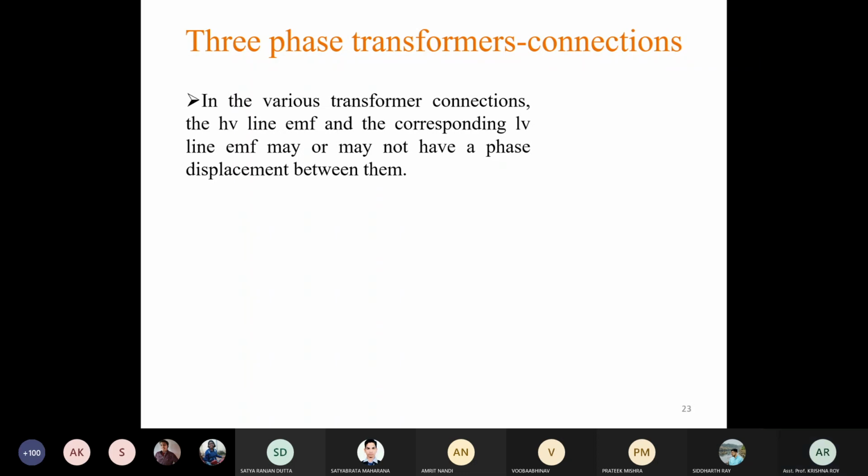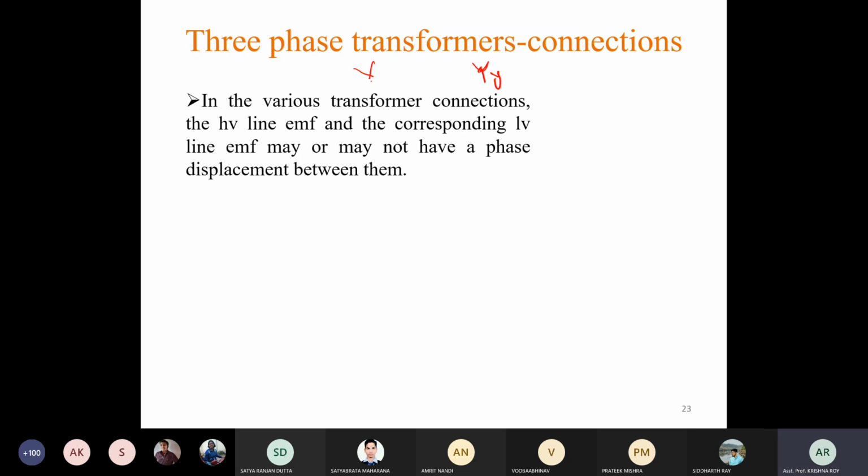Suppose a YY transformer, that means the high voltage winding as well as the low voltage winding both have Y connections. There are three line voltages in this three-phase system. If the high voltage winding is star connected and the low voltage winding is also star connected, then you will have three line EMFs.